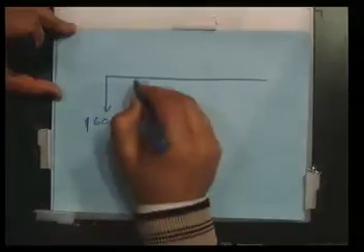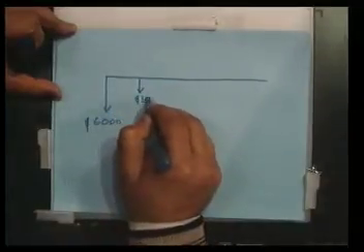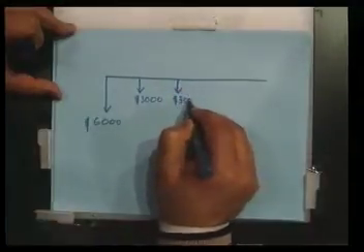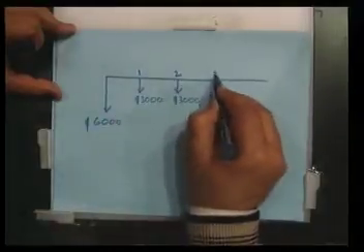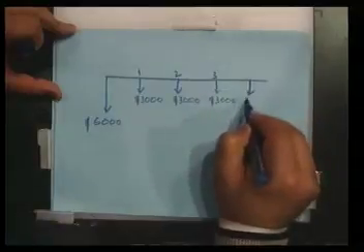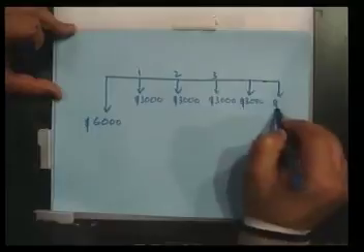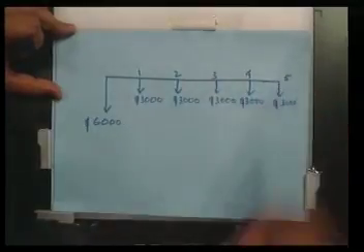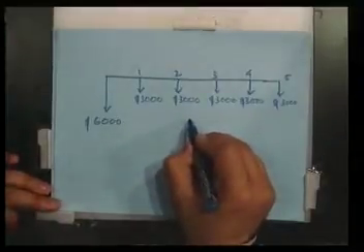In addition to this, he has to pay $3,000 every year for the next 5 years. This is if the company prefers to purchase.